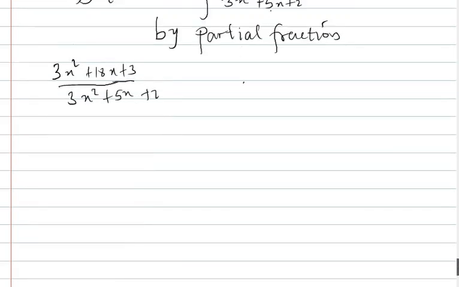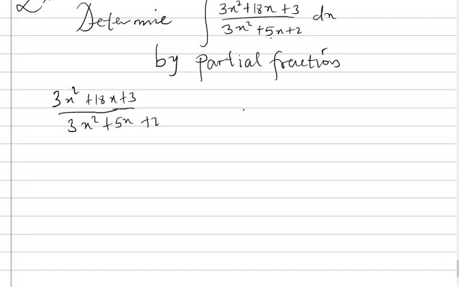I will put my divisor here, that's 3x squared plus 5x plus 2. Sorry, I mean it's negative 2. So negative 2, and also here should be negative 2.